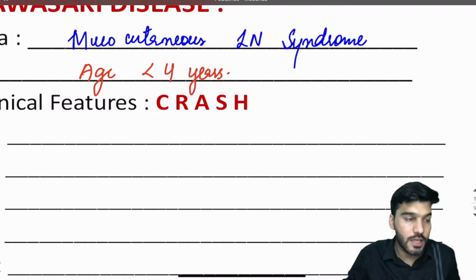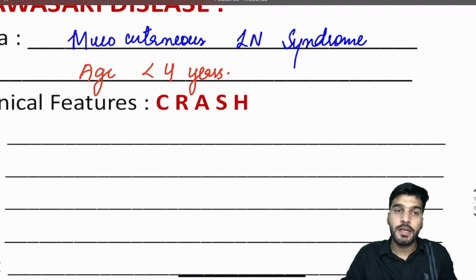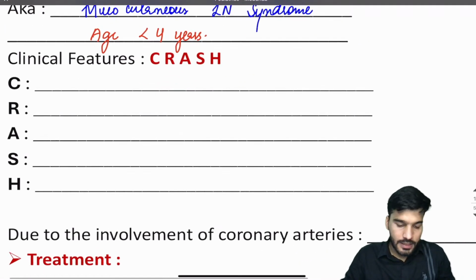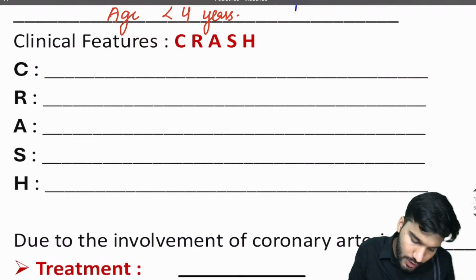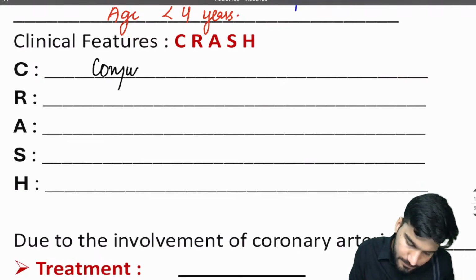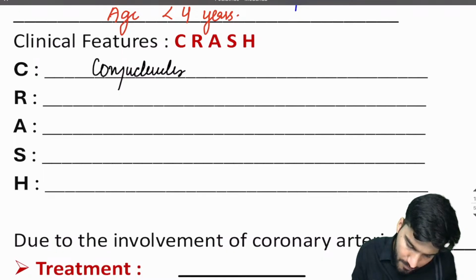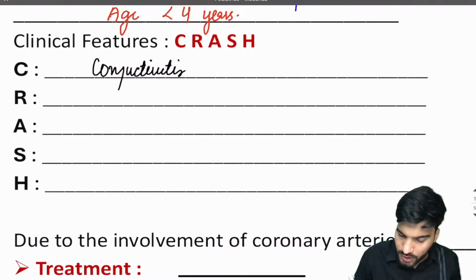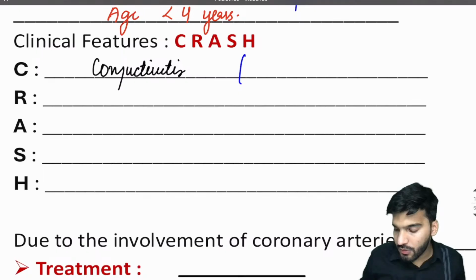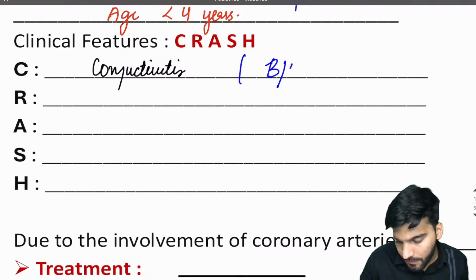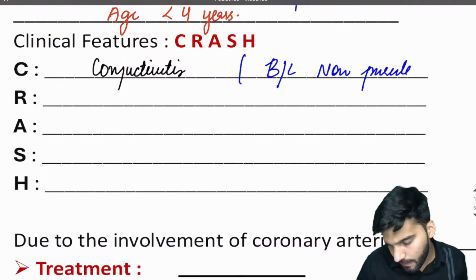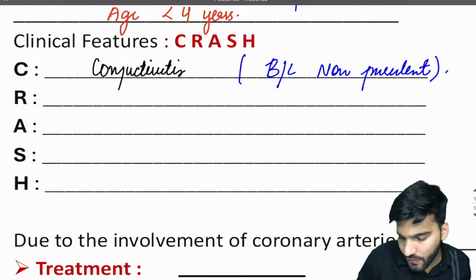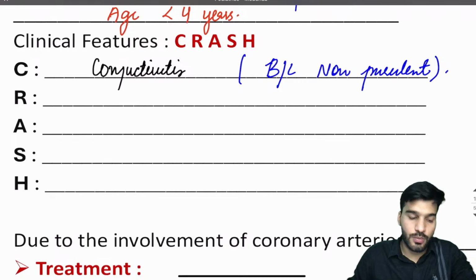Now what are the clinical features? The mnemonic is CREAM or CRASH. C is going to be conjunctivitis, and remember it is bilateral non-purulent conjunctivitis.